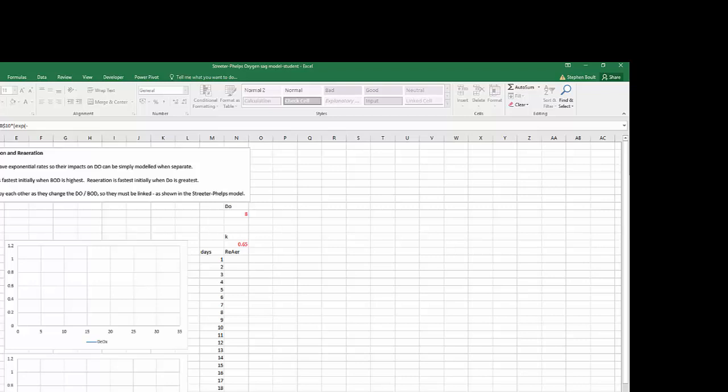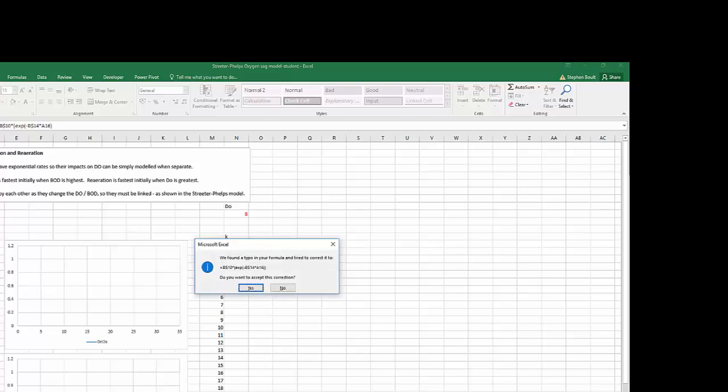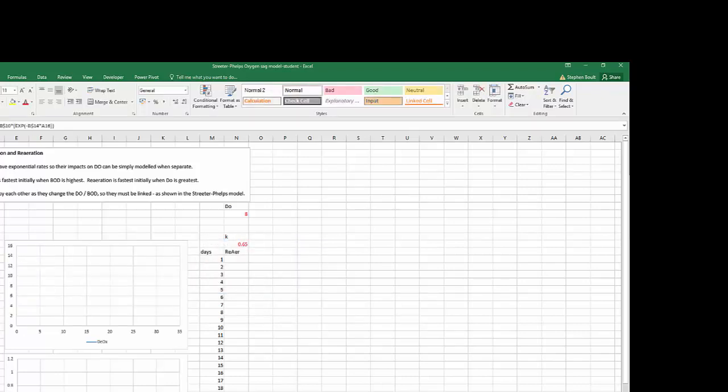So we can put e to the minus k. Again, we need to make sure that's got an absolute reference, multiplied by t, which has a relative reference because we'll be copying that down. If we enter that. Okay, and then we can copy that down.